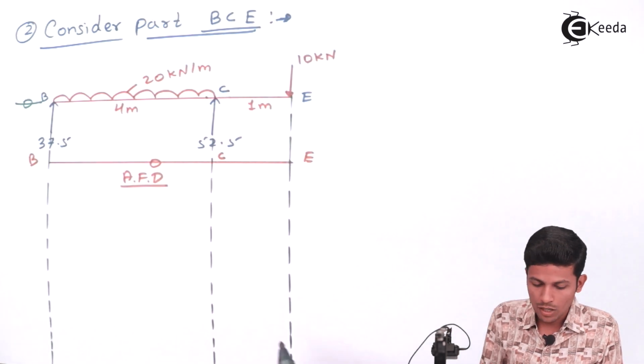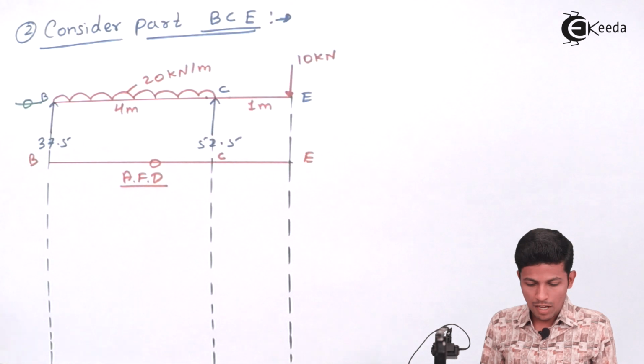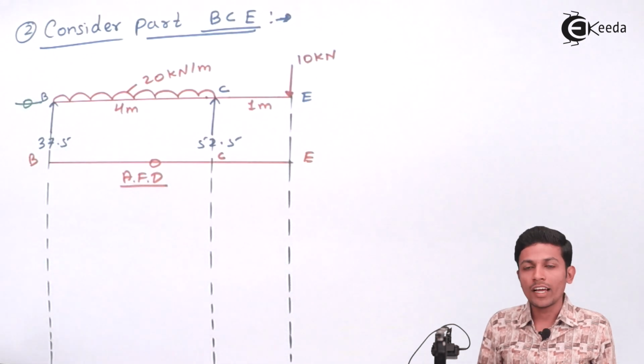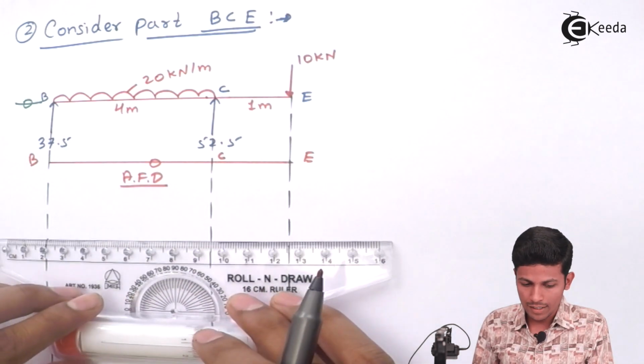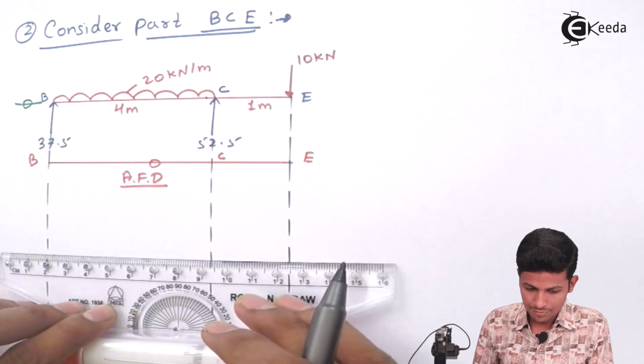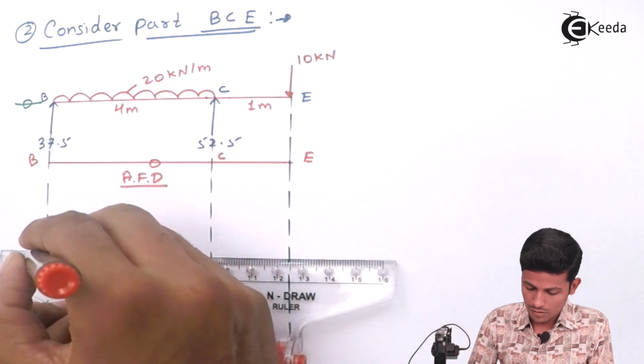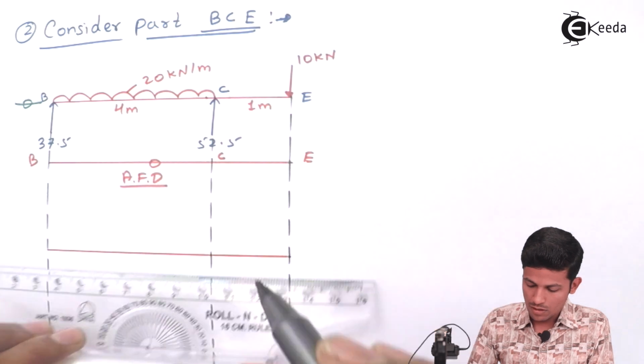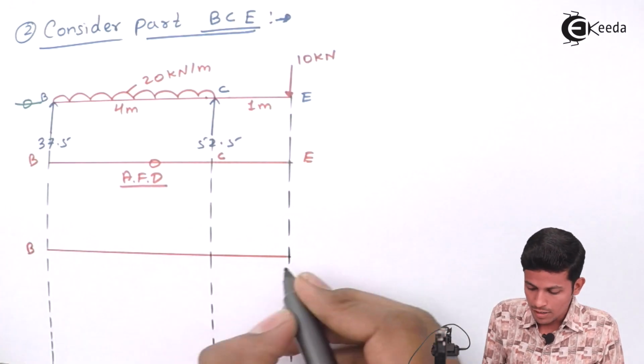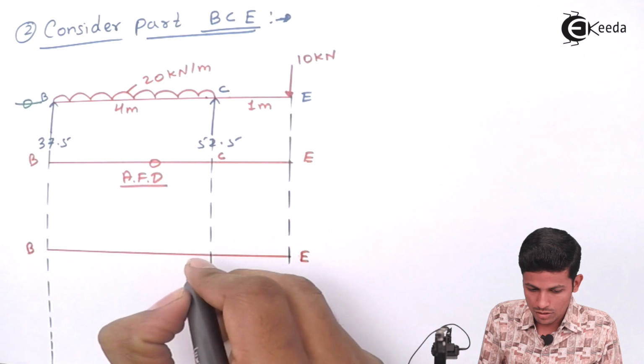After that, what do we have to find? We have to find SFD. To find SFD, draw over here. This is your B part, this is your E part, and this is your C part.